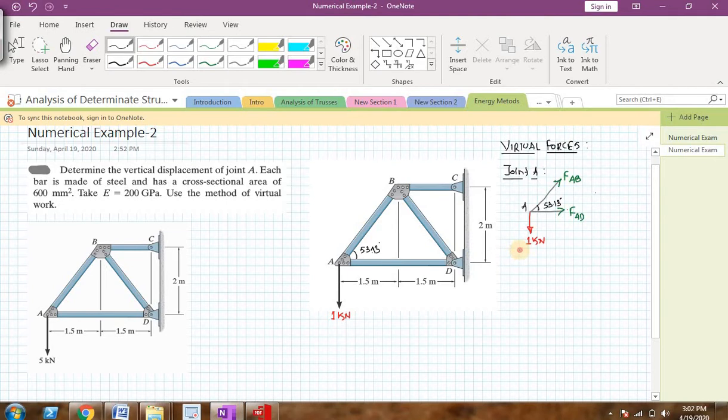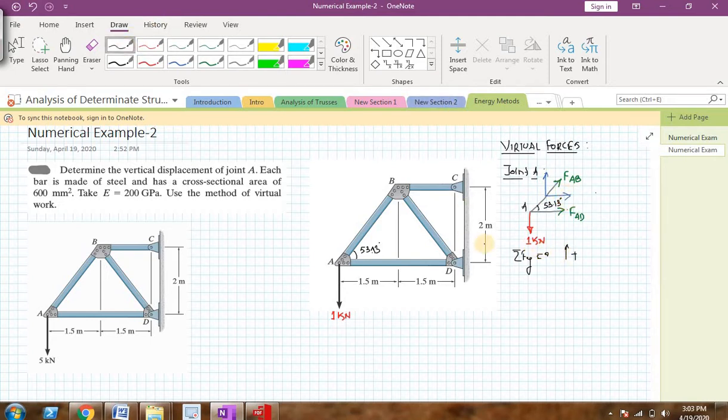So first let me start with the first equilibrium equation, summation of Fy equal to 0, taking all upward forces as positive. FAB is the inclined one, so I should consider its resolution. It will have a vertical component upward, and a horizontal component like this.